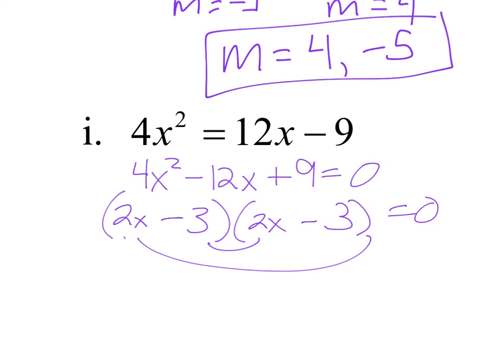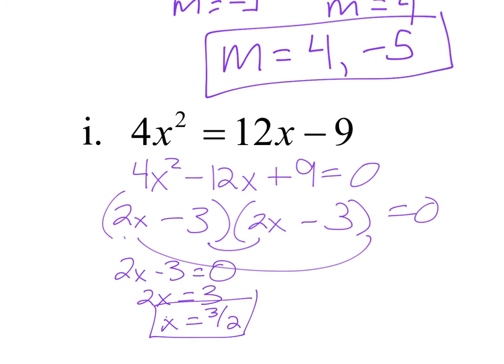Boom, boom. So look, they're the exact same term. So I really only have to work with one. So I add 3 to both sides, and I divide by 2. And there is only one solution, because it's a double solution, but it's only one.